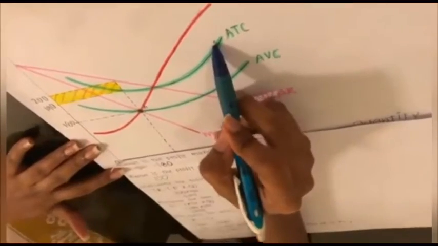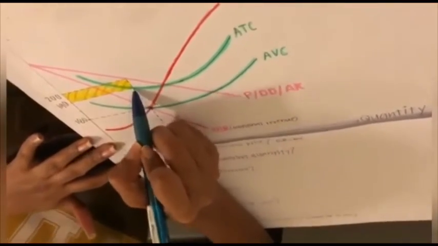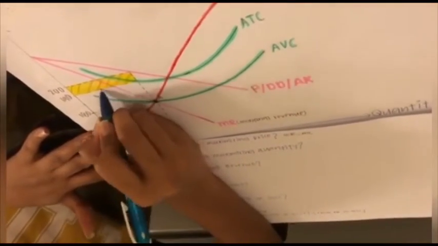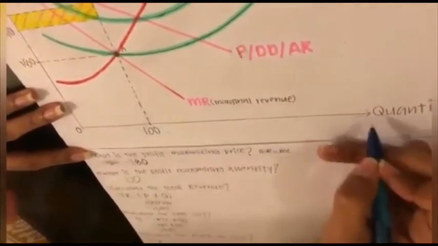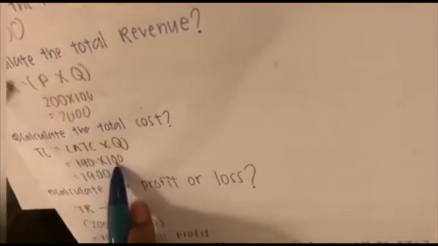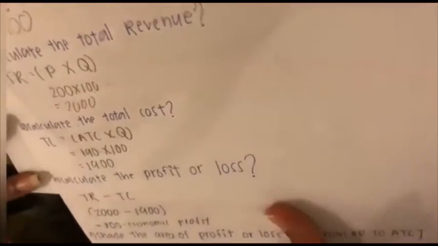Here. So we draw a line, 190. So 190 times 100, because 100 is the quantity. 190 times 100, so the answer is 19,000.